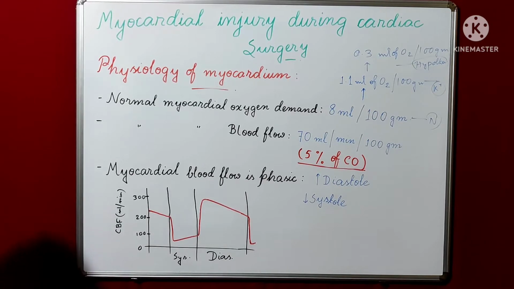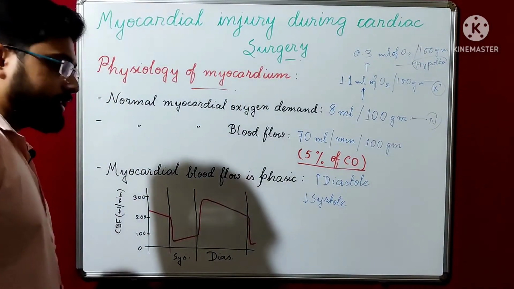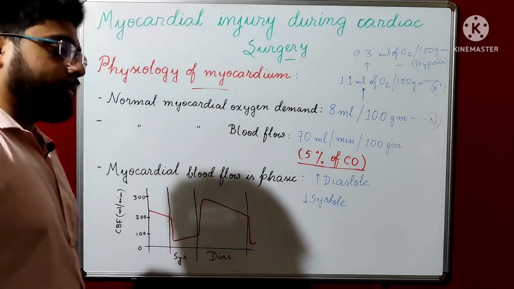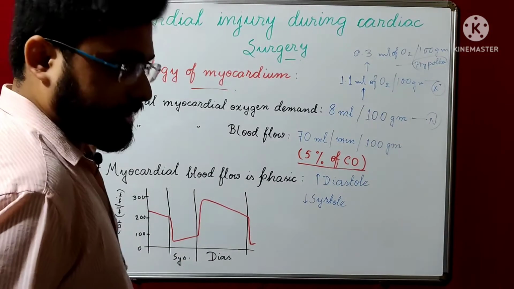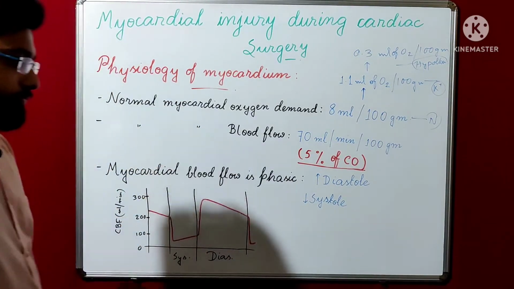Next, another common question is whether the myocardium gets its blood flow during systole or during diastole. This is also a very commonly asked question. Basically myocardial blood flow is phasic. What does this word phasic mean?